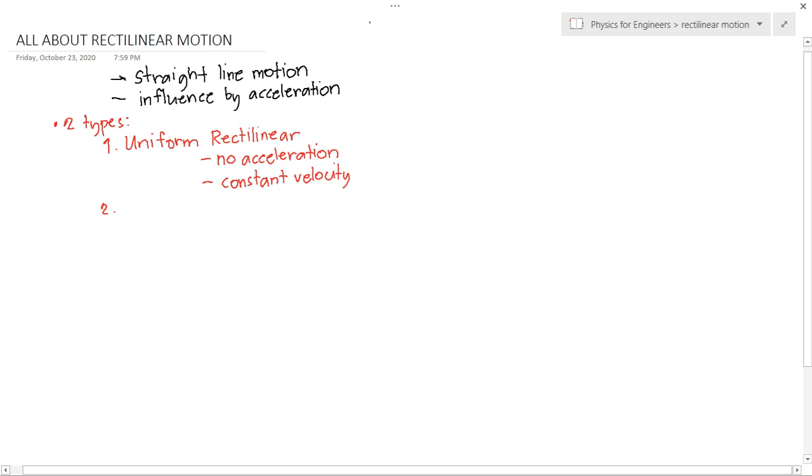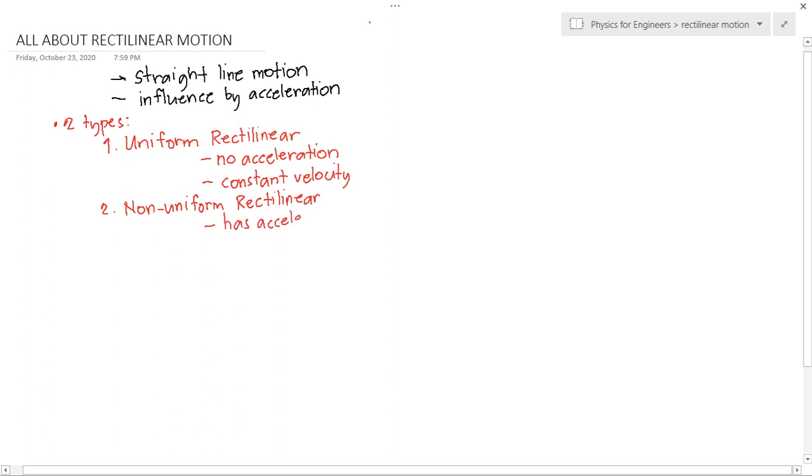The second type is the opposite. Tinatawag nating non-uniform. So, non-uniform rectilinear motion. And syempre, since opposite siya, all of its definition is very different from uniform, or opposite sila. So meaning, sa non-uniform, it has acceleration, or influenced by acceleration.